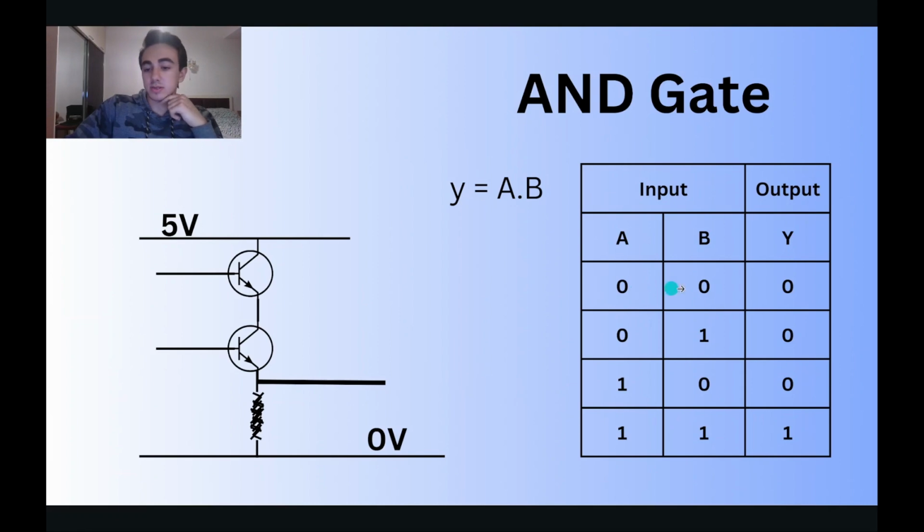So in the case when both inputs are zero, both transistors are open, there is no current flowing through them. So the output is zero. When only one of them is closed, the current from here to here is enabled, but this transistor is open, and there is no current through it.